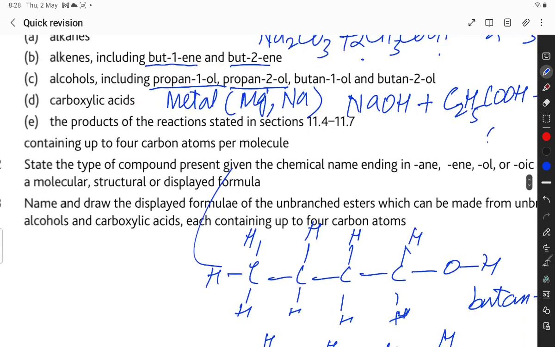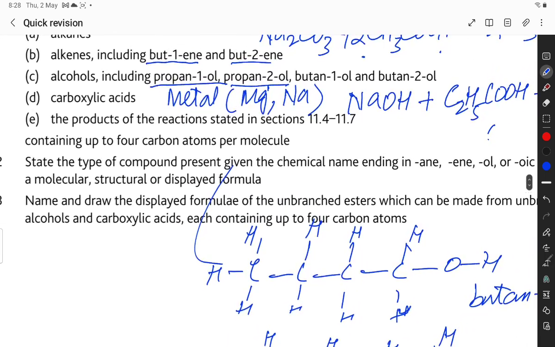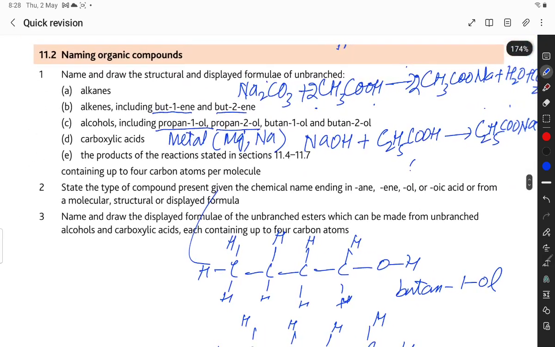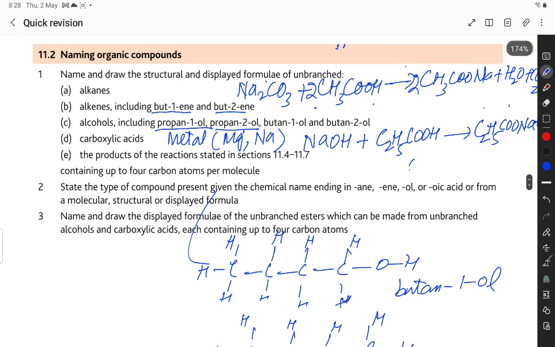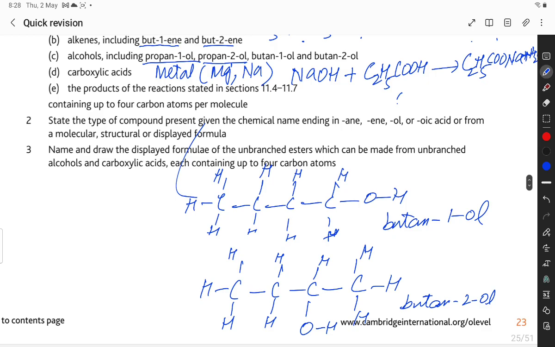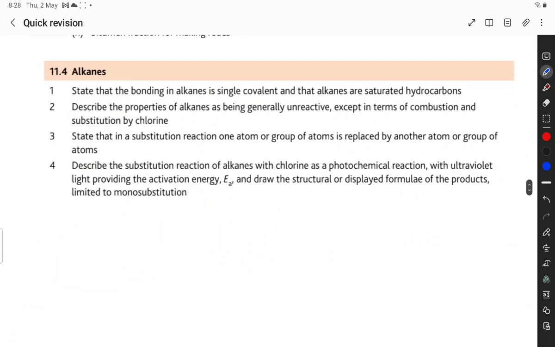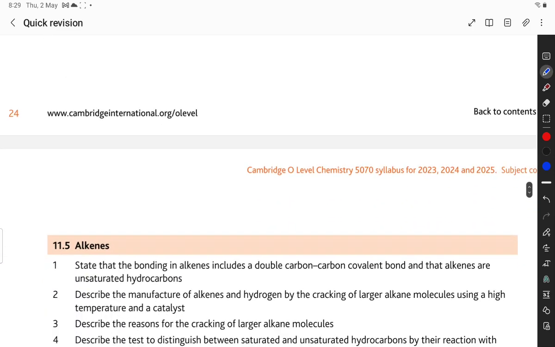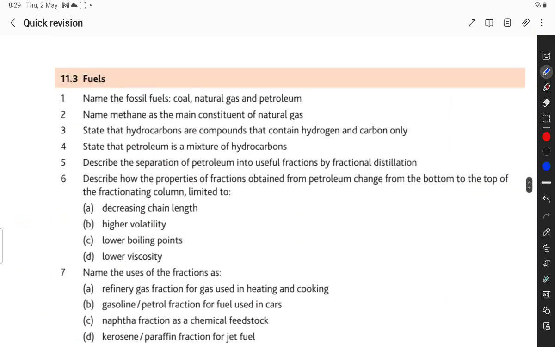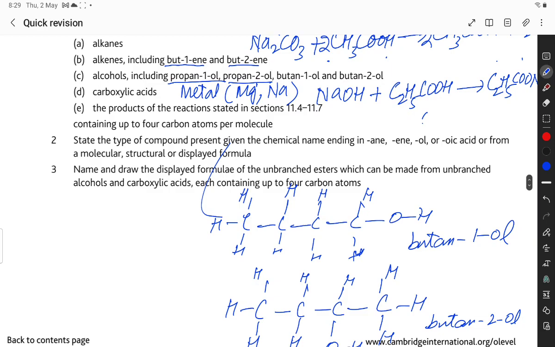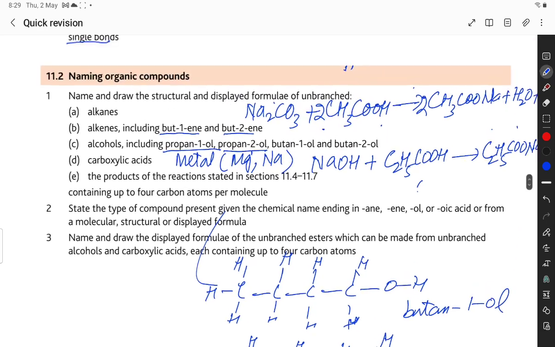Okay, so the products of the reactions stated in 11.4 and 11.7. Where is 11.4? Over here, in the ladder separately. It is explained separately.